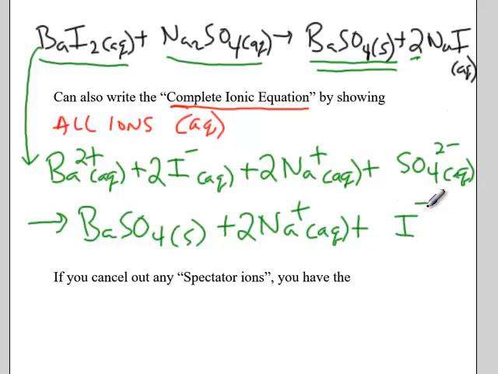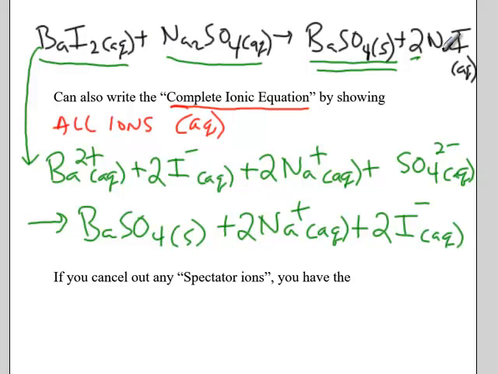Each sodium iodide forms one iodide when it dissociates, but that coefficient of 2 tells us we have two iodides. So in green, we have the complete ionic equation, which is more detailed than the overall balanced equation because it shows us what's actually happening in the solution.